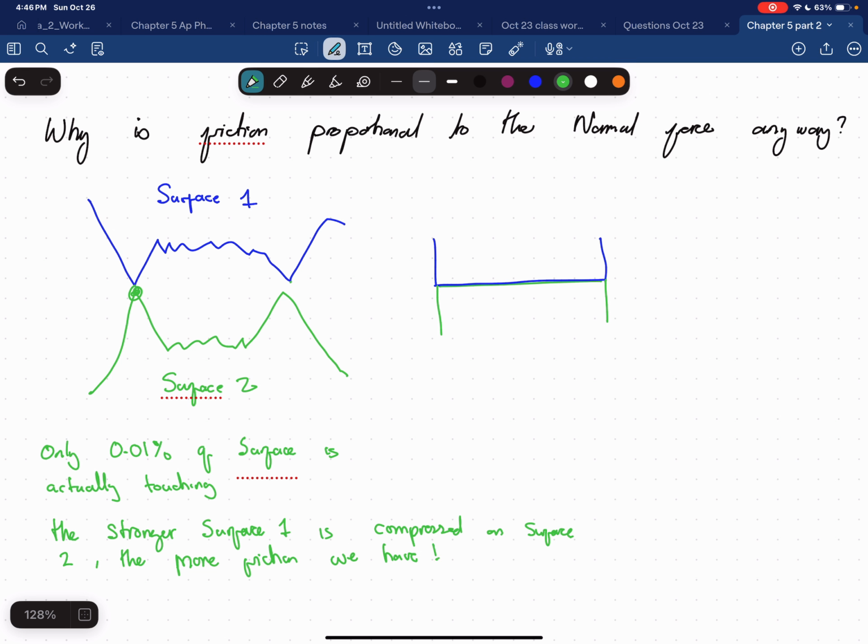My normal force is basically the weight force in the opposite direction.